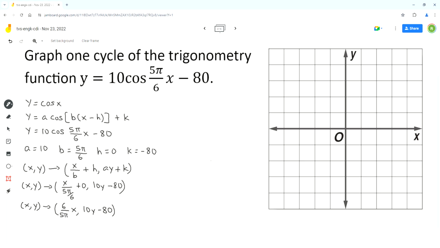Next, we'll create a table of values for the parent function. The period of cosine function is 2 pi. We can use the x values for key points for the cosine function in the first cycle.